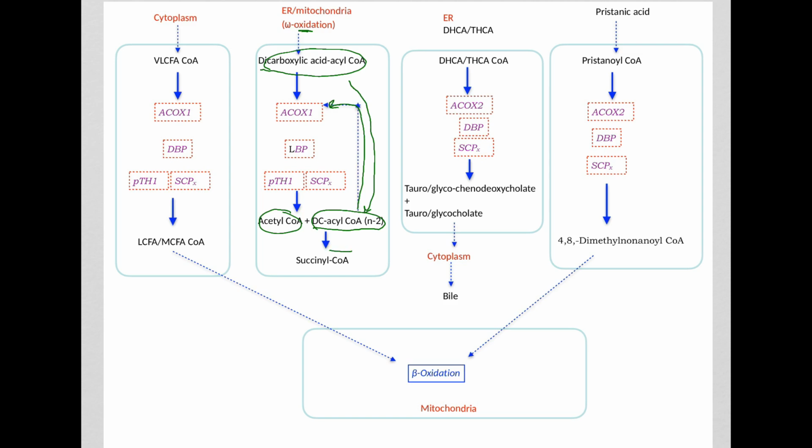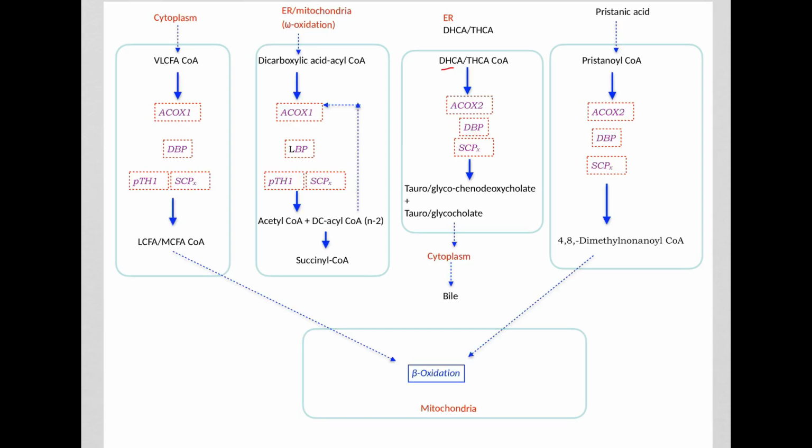It's believed that this continues until it is completely broken down into succinyl-CoA, and this succinyl-CoA can then be used for the Krebs cycle. So this could be a way to make succinyl-CoA for the Krebs cycle.